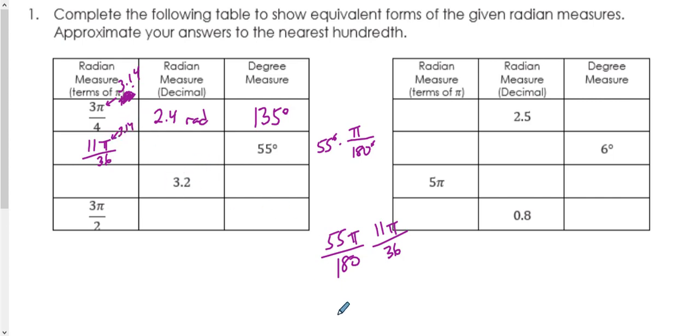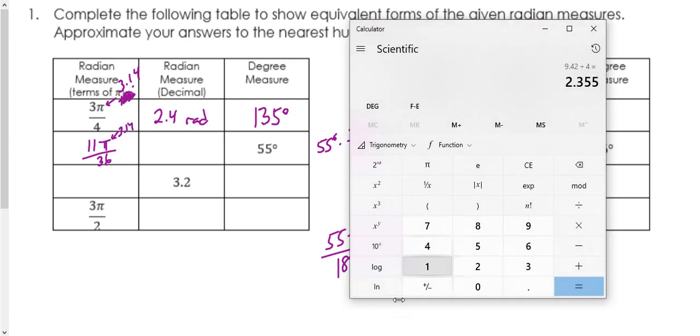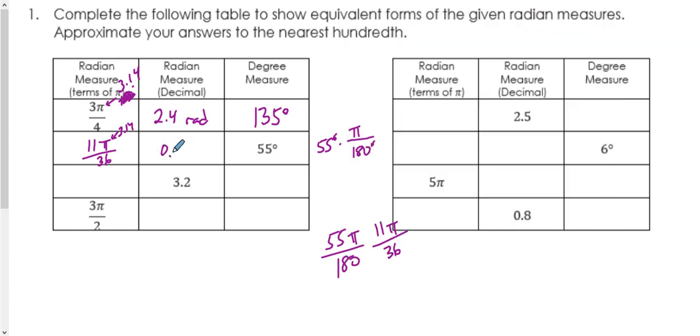So this would be 11 times 3.14, and divide that by 36. And we end up getting about 0.959, so about 0.96. This is about 0.96 radians.